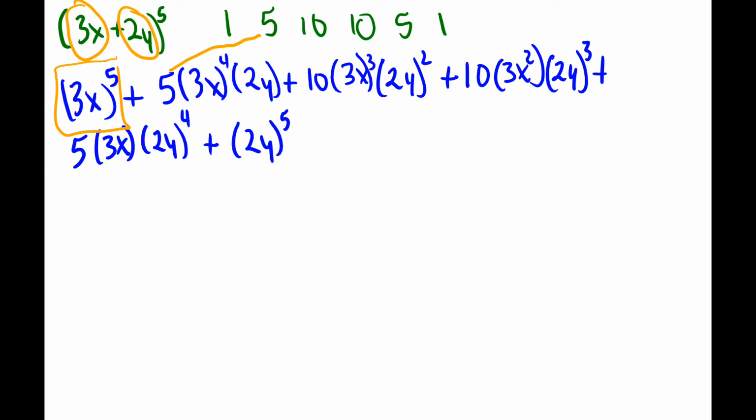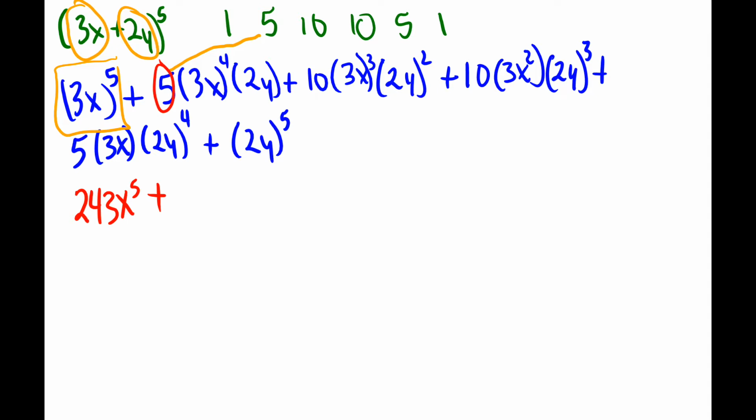So 3 to the 5th power is 243 x to the 5th plus, now in this second term I've got 5 times (3x) raised to the 4th power times 2y.